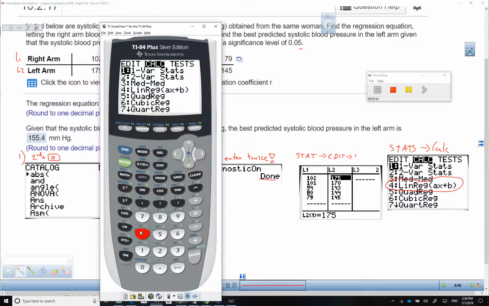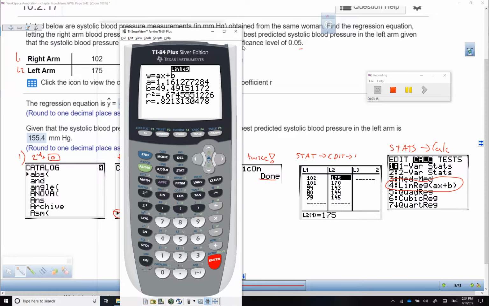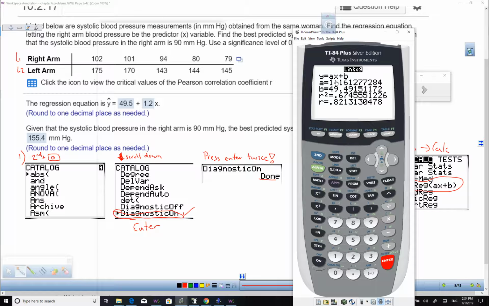What you will see is this menu. It says X list. Make sure you have L1 there. Y list. Make sure you have L2 there. For now, that's enough. Let me go down here and hit calculate. What you will see here are the coefficients of the linear relation.